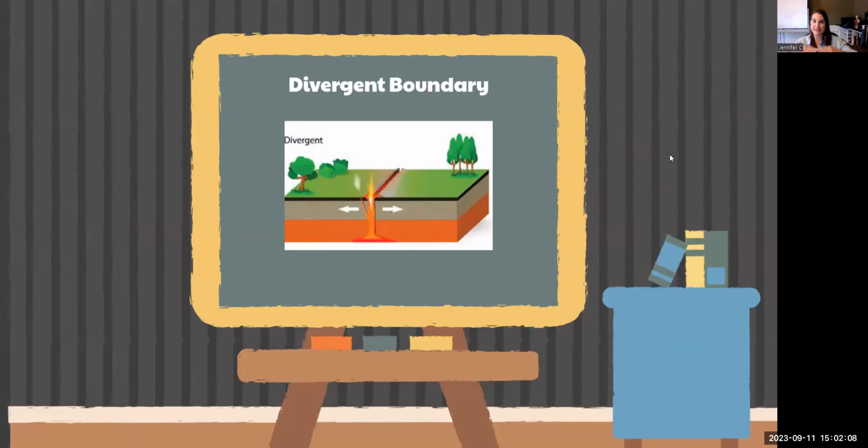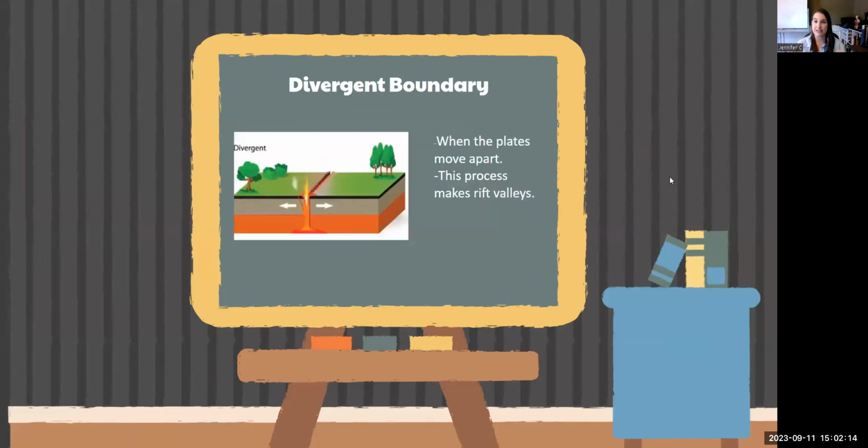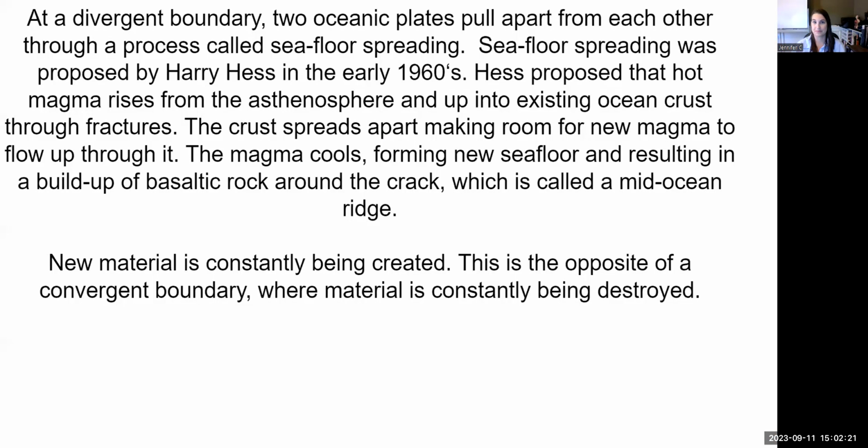Divergent boundary is next. So those plates are together and they're coming apart. The plates are moving apart, and this process makes rift valleys. So at a divergent boundary, we have two oceanic plates. That means it's in the bottom of the ocean pulling apart.